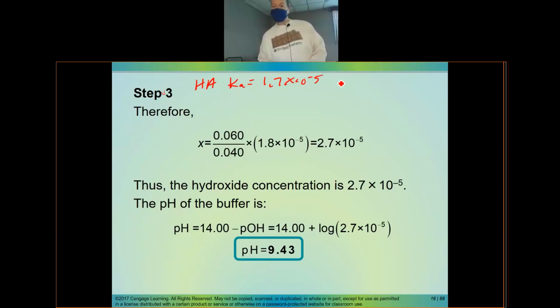And when we do the Kb, remember that the Kw divided by the Ka is equal to the Kb. You can actually get a number, but what you need to know is when you take 10 to the minus 14 divided by 10 to the minus 5, you're going to get 10 to the minus 10. You don't need to know it's exactly 10 to the minus 10, but you need to know that it's smaller than 10 to the minus 5.